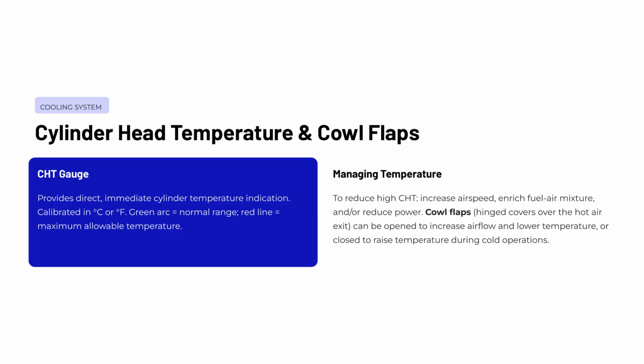Opening the cowl flaps increases airflow through the engine compartment, which brings temperatures down. Closing them restricts that airflow, which is useful during cold weather operations to help the engine reach and maintain its proper operating temperature. Understanding how to use these controls together gives you precise command over your engine's thermal health throughout all phases of flight.